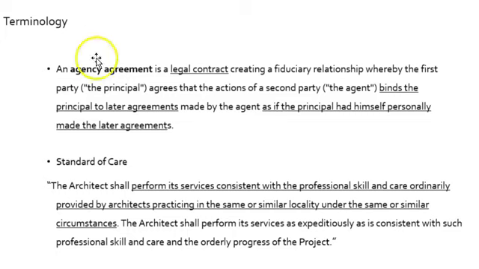So a very important agreement. When this agreement's not in place, the agreement is actually kind of dictated by business and by money, as opposed to this legal contract.